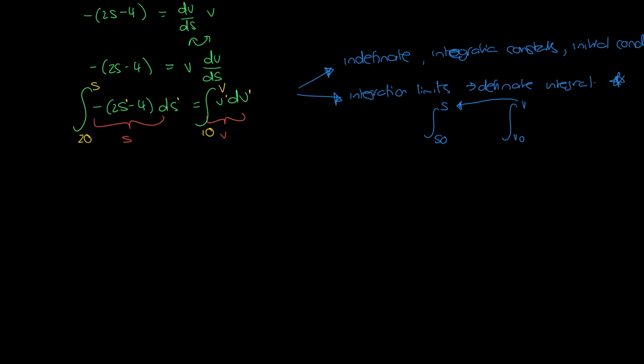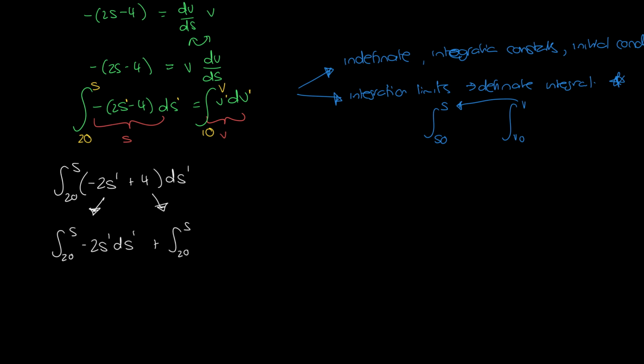Now we can start doing our integration, and I'm going to do it the long way. When you have the integral from 20 to s of minus 2s prime plus 4 ds prime, I can separate this out. I get the integral of minus 2s prime ds prime plus the integral of 4 ds prime.